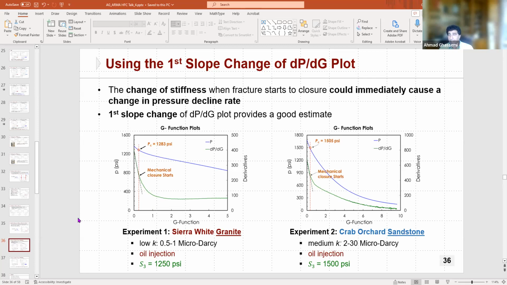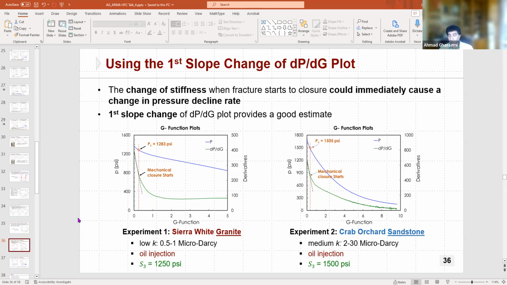If we take that idea and apply it to the data that we have, we can see that for the Sierra White granite with oil injection, we get a closure pressure of 1283. For the Crab Orchard sandstone, we get a closure pressure of 1505.